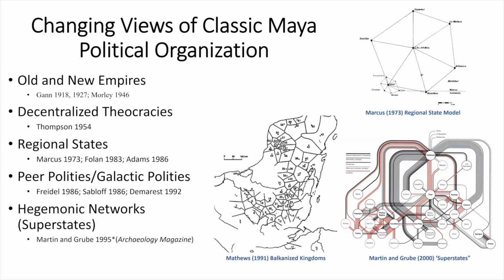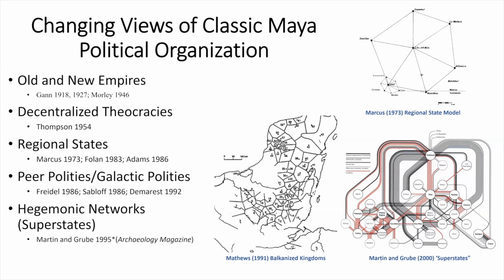Places like Tikal and Calakmul are orders of magnitude larger than places like Dos Pilas and Yaxchilan, so there's a range of different city sizes, and presumably people are making the argument that city size and area of direct control would have correlated with political power.